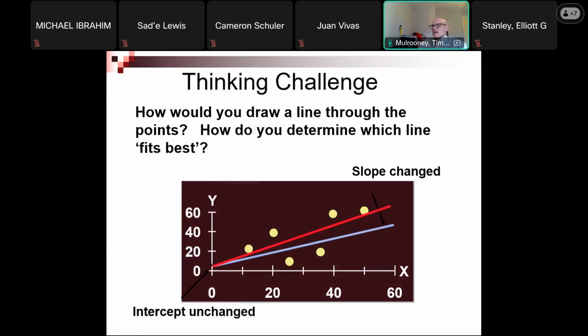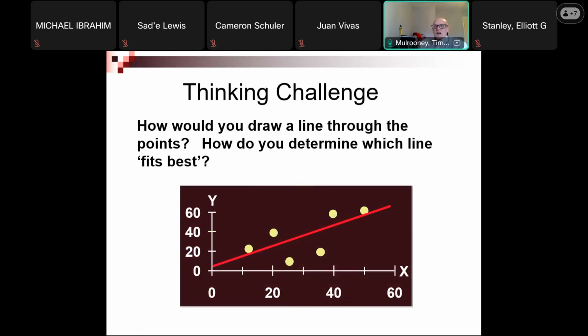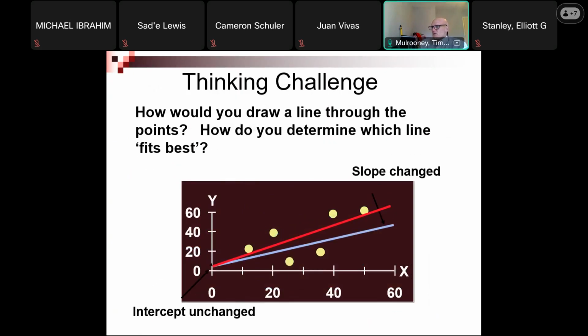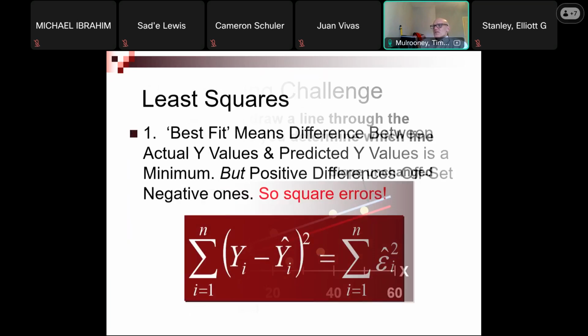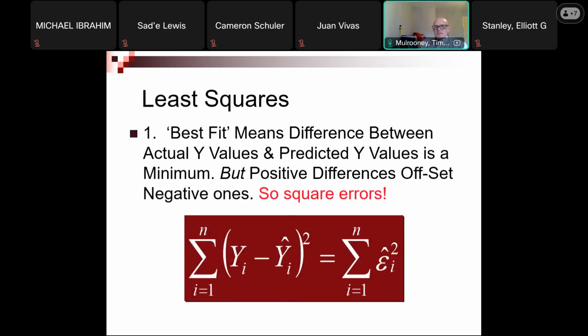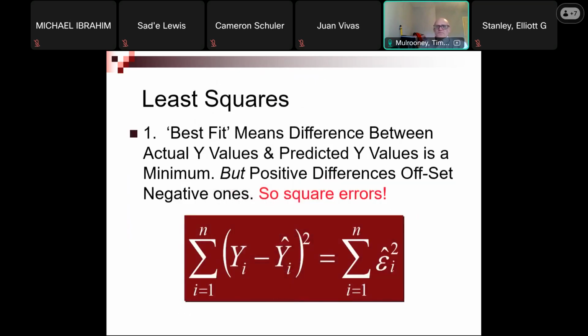Because when I think about this, can I draw a line through these? No. Okay. What's the line of best fit? What we do here is a best fit.